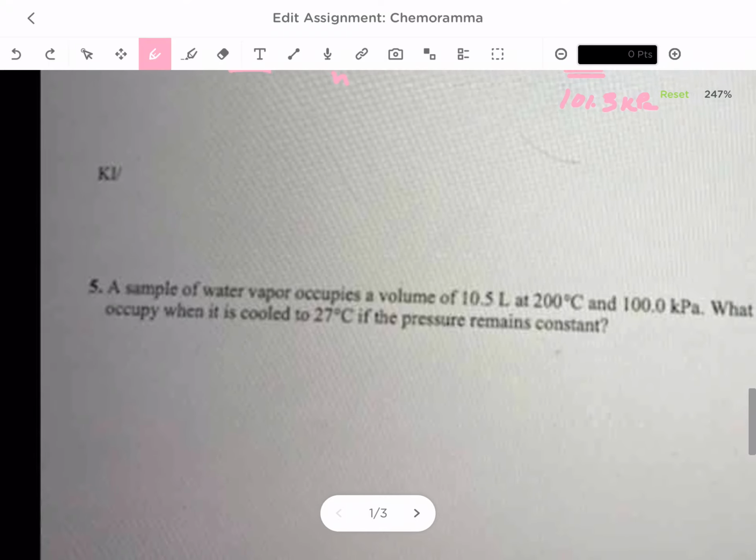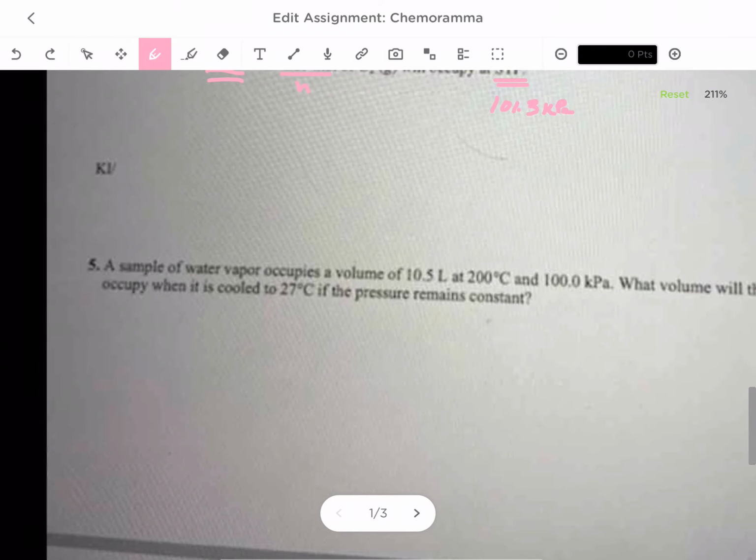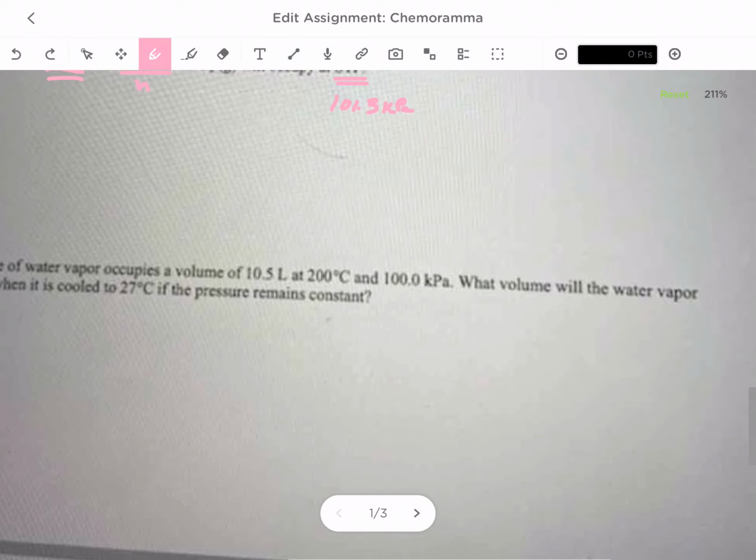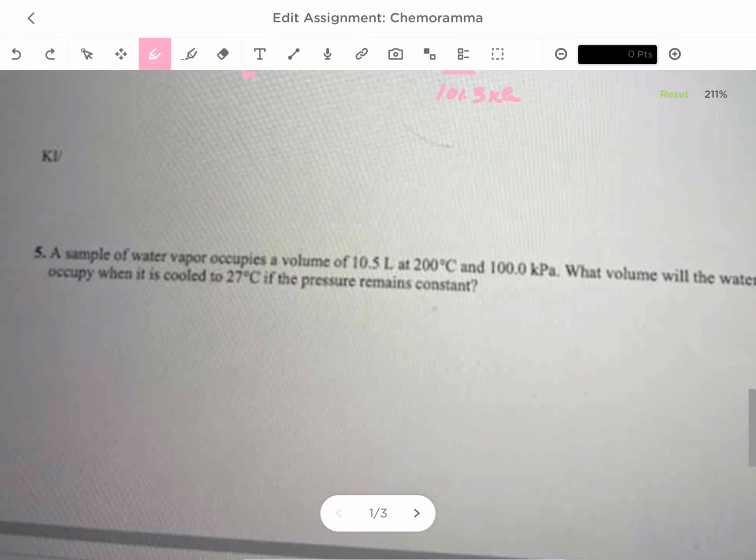And then let me look at number 5 really quick, make sure nothing's going to trip you up. Volume, temperature, pressure. Ooh. This one right here, number 5.